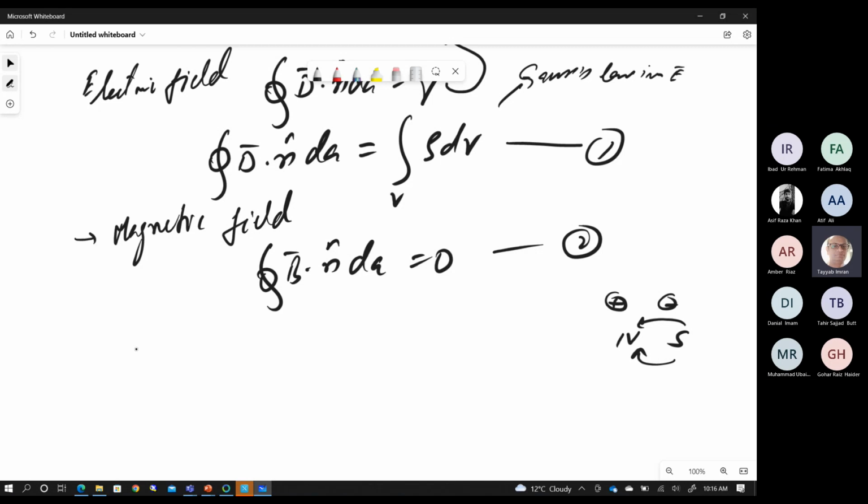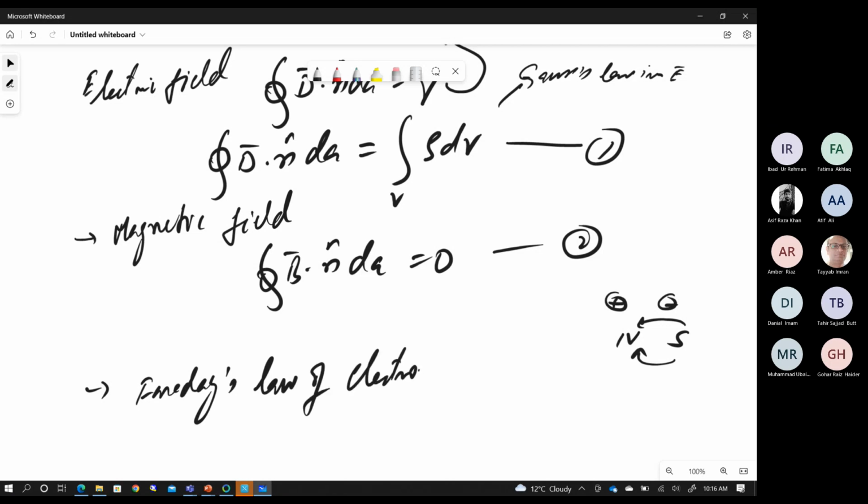Now we also know Faraday's law of electromagnetic induction. That is.